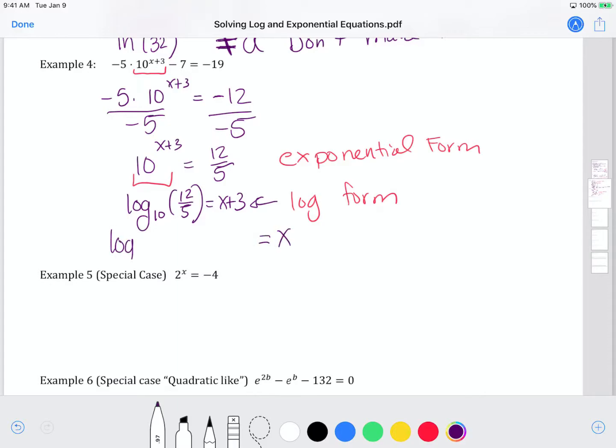So I have log base 10, and I don't have to put that 10 in there if I don't want to because it's common log, and if it's not there, we assume that it's 10 anyways. And I take log of 12 over 5 minus 3. And again, don't forget, don't combine these. These are separate. Log base 10 of 12 over 5 is a separate number, and then you subtract 3.